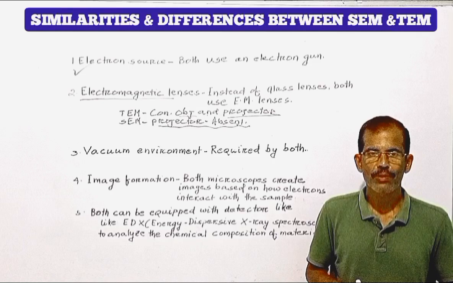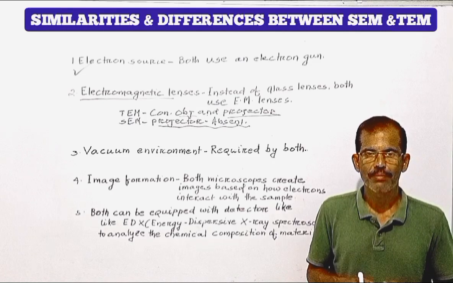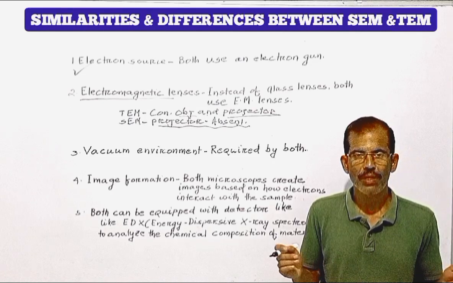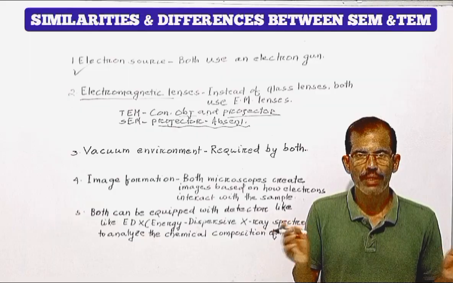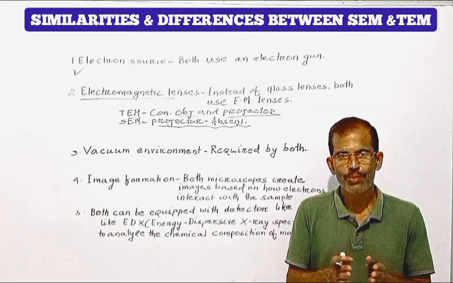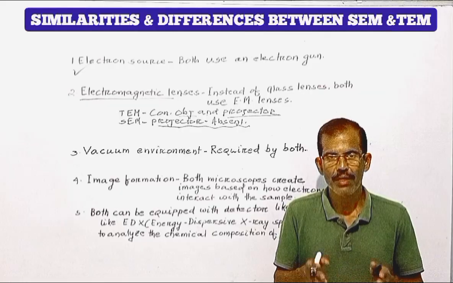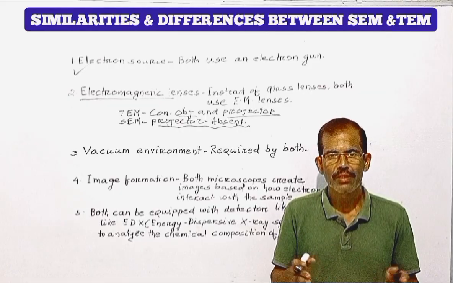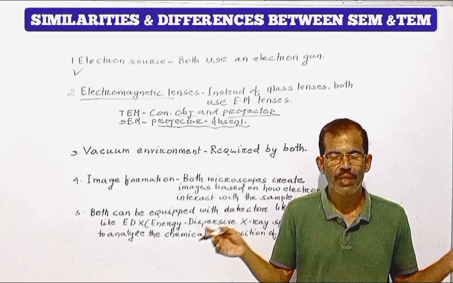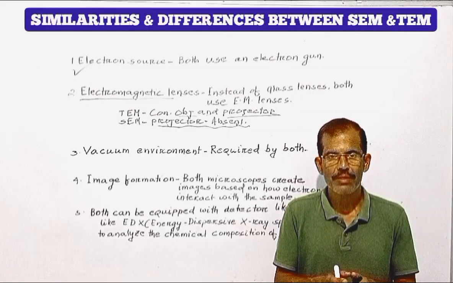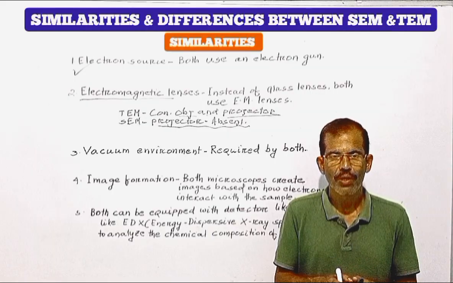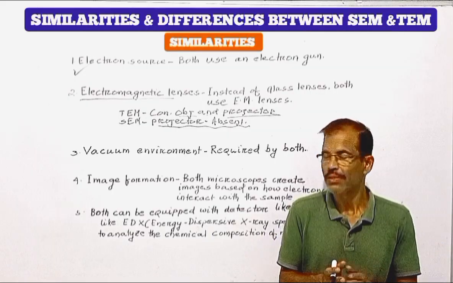Scanning electron microscopy (SEM) and transmission electron microscopy (TEM) are two distinct electron microscopy techniques that are used to study different types of samples on the nanoscale. First of all, let us know about the similarities.